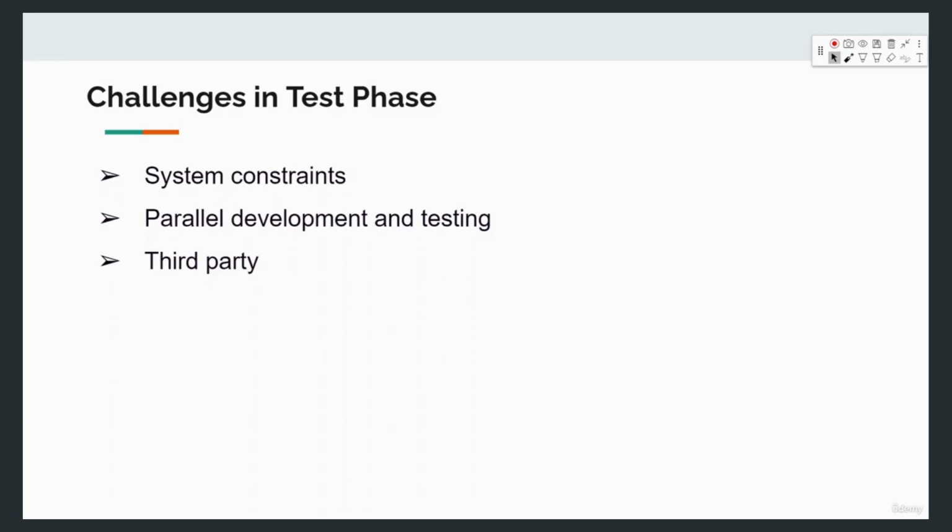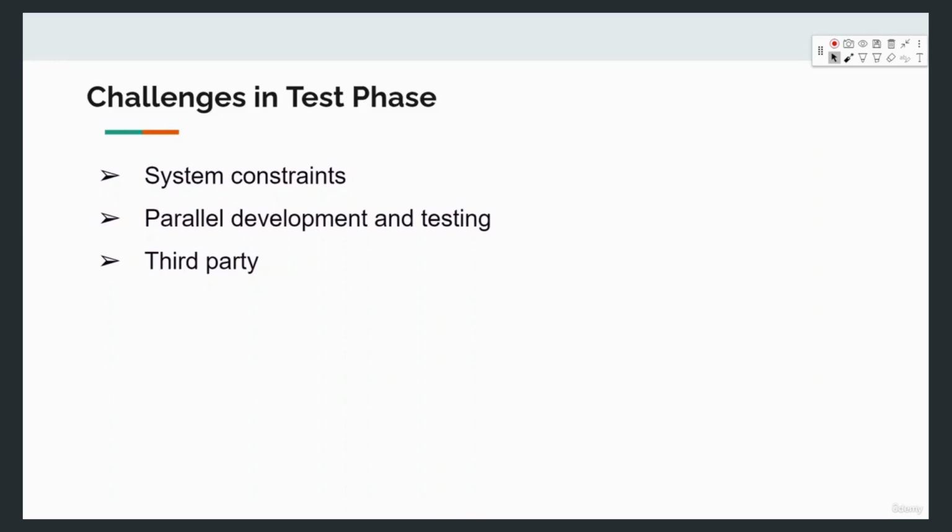And in that case, it impacts the client reputation as well, right? Client and the customer and the organization reputation as well, right? So we will discuss here what are the challenges in the test phase, and then going forward how the SV improves that or removes them, right?